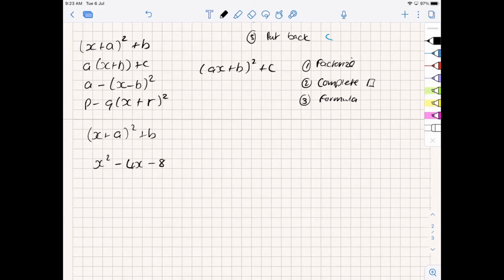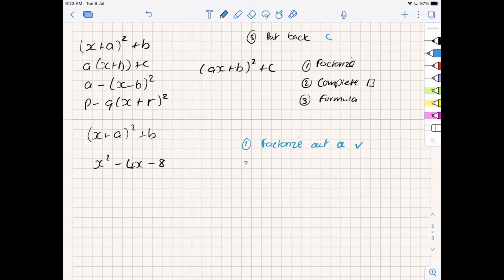And I would like to find the solutions to this. So step number 1 is factorize out a. Okay, I don't have an a, so yeah, step number 1 done.